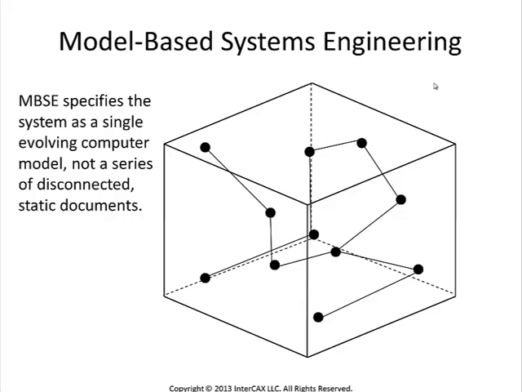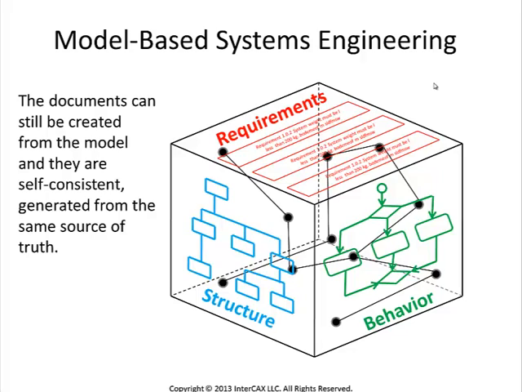The nodes of this network represent system elements, requirements, behaviors, and the links between them represent composition, flow, dependency. The advantage of a single network is that it can be a single source of truth from which the systems engineering documents that we still need can be created.